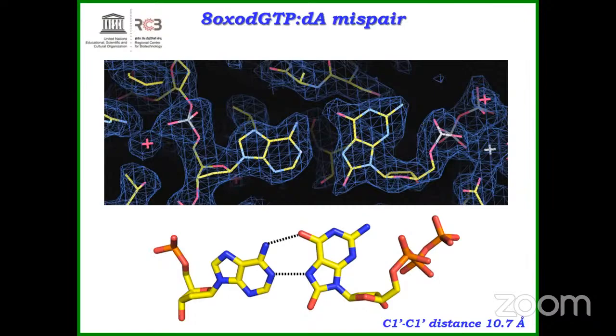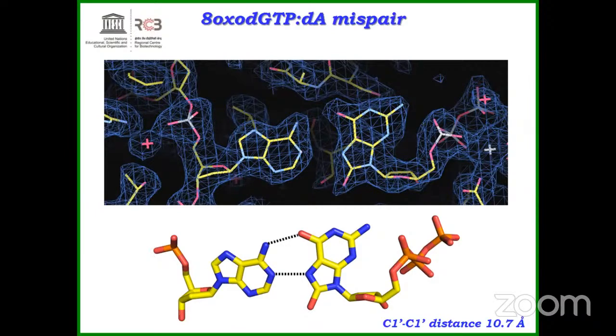And the distance, this is the C1' atom here, and this is the C1' atom here. The distance between these two in Watson-Crick base pairs is usually around 10.7 angstrom. And in the case of a Hoogsteen base pair like this, it is the same distance.